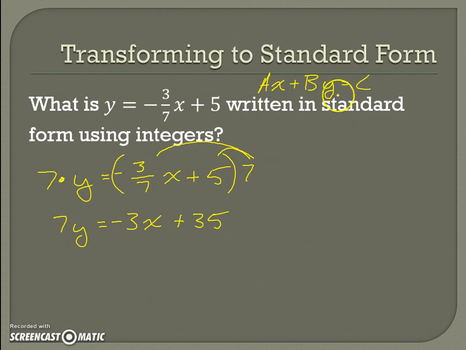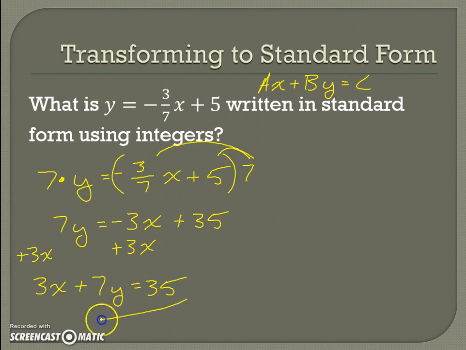And then I want it in this form, which means I need to get this over here. So I'm going to add 3x to both sides. And when I add 3x to both sides, I get 3x plus 7y equals 35. And there is my equation written in standard form using integers.